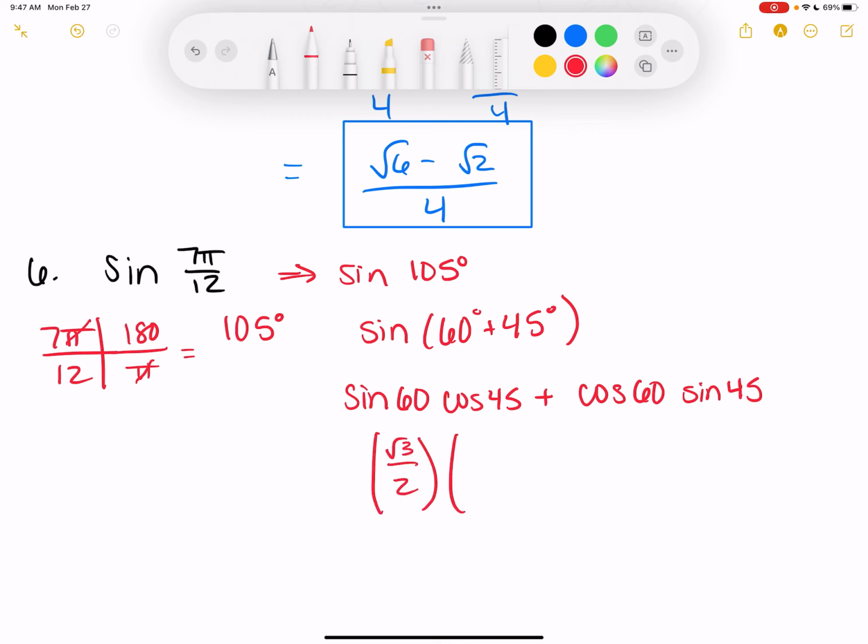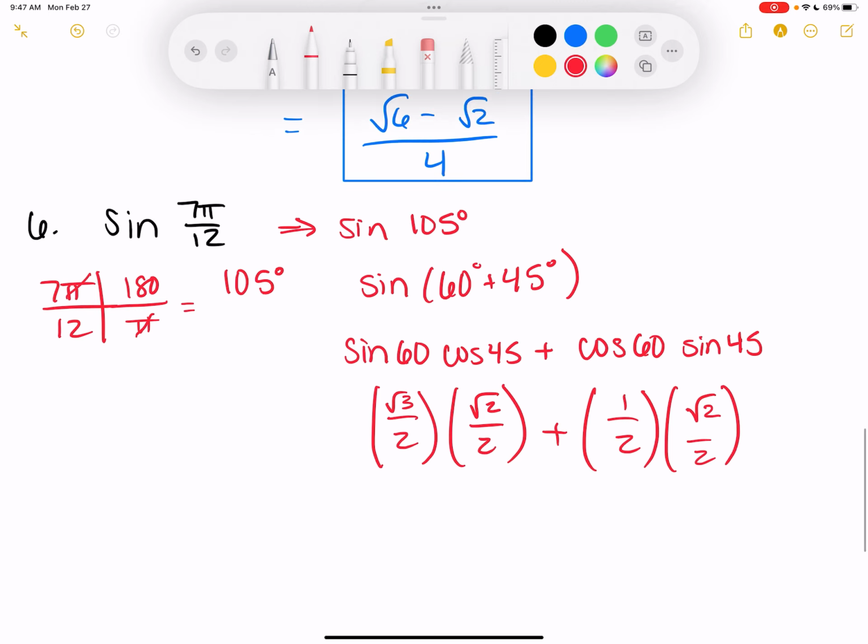Cosine of 45 is root 2 over 2, plus cosine of 60, 1/2, times sine of 45, root 2 over 2. So this is root 6 plus root 2 over 4.